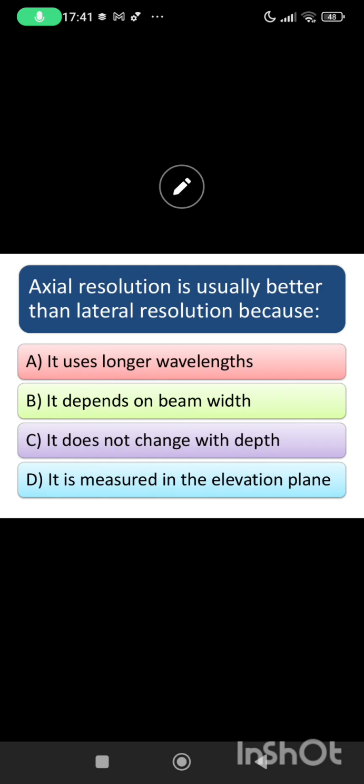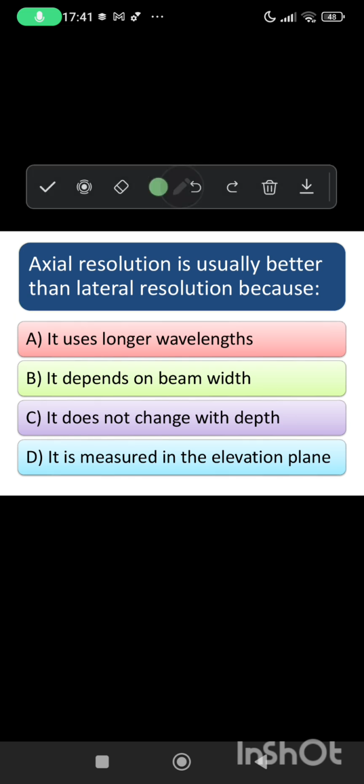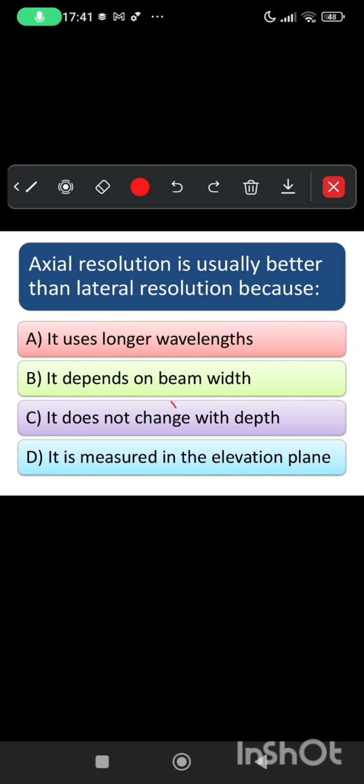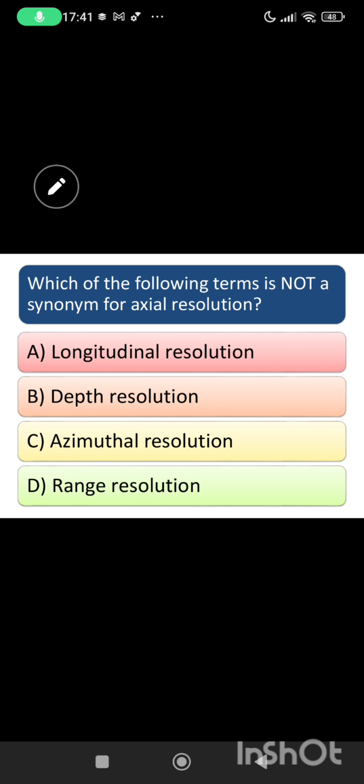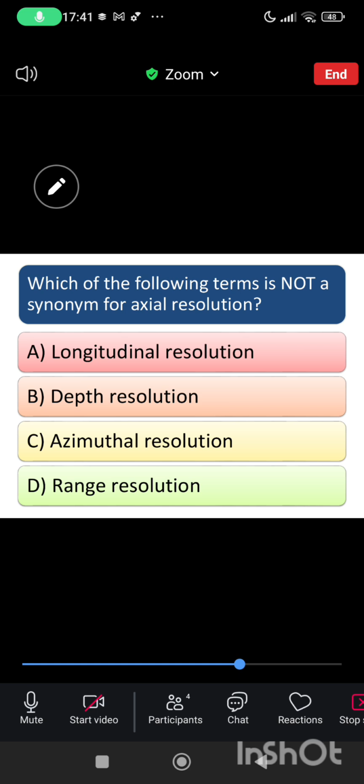Dr. Awadia, axial resolution is usually better than lateral resolution because it does not change with the depth. Yes. Which of the following terms is not a synonym for axial? C, azimuthal. Okay, good.